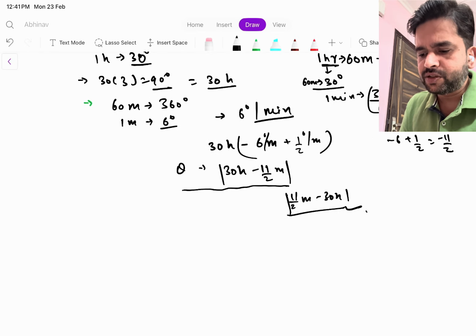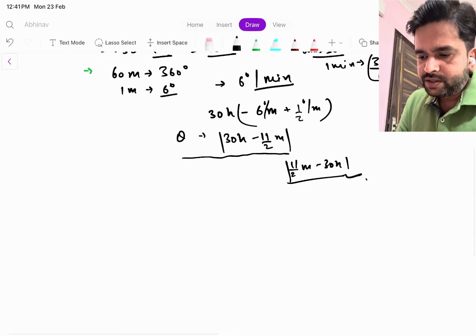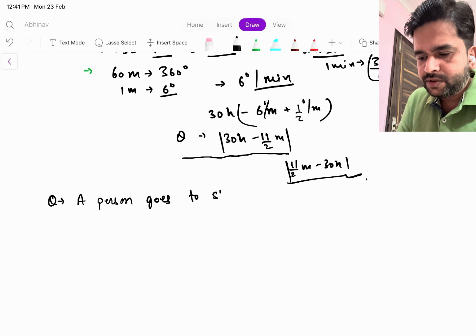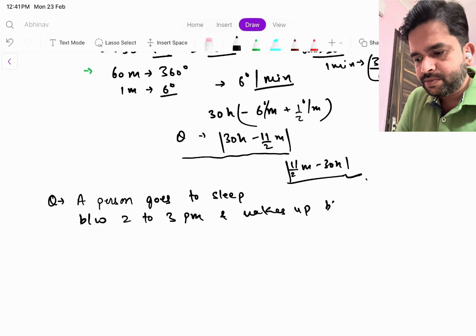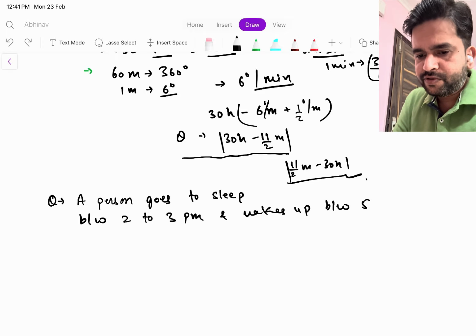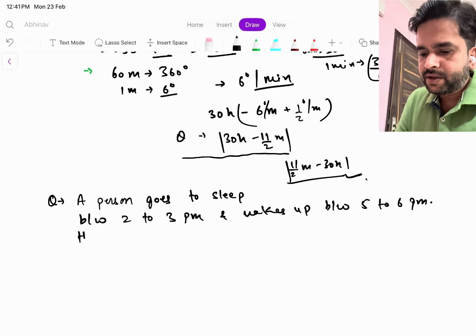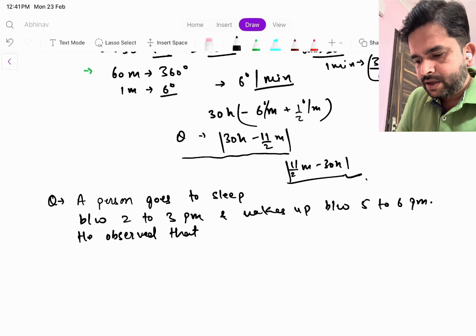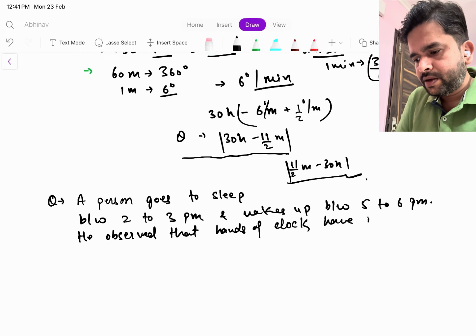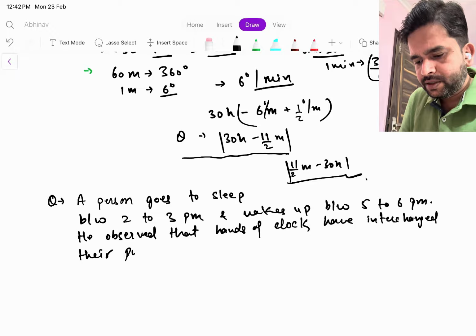Let us see a very good question based on the application of this. So let us take one example. A person goes to sleep between 2 to 3 p.m. and wakes up between 5 to 6 p.m. He observed that hands of clock have interchanged their position.